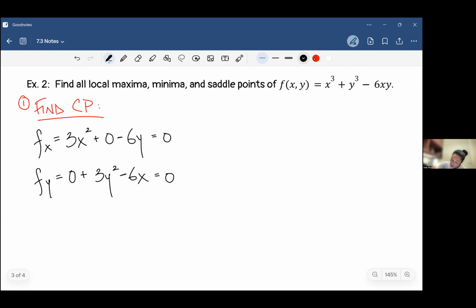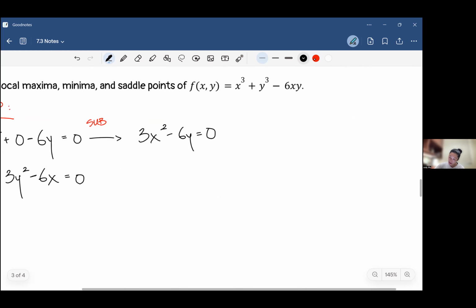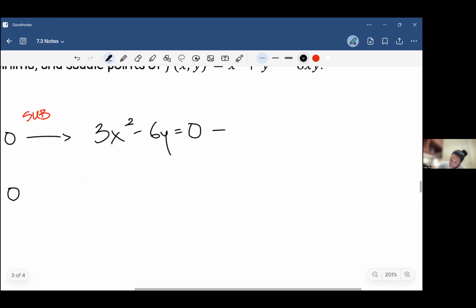So what I mean by that is I'm going to use substitution, and I really have 3x squared minus 6y equals 0, right? That's my fx, and that equals 0. And I'm going to get y to be all by itself, all right? So I'm going to add 6y to both sides.